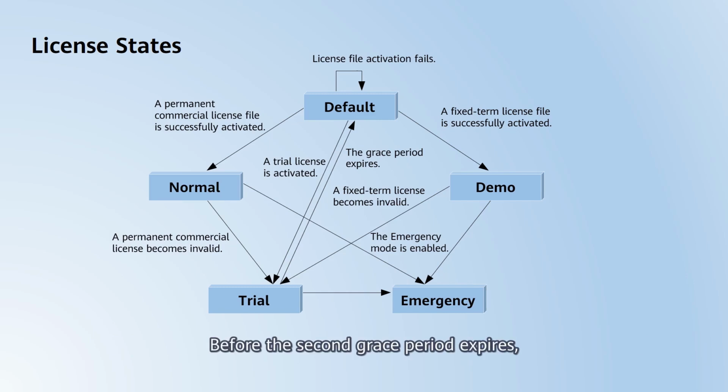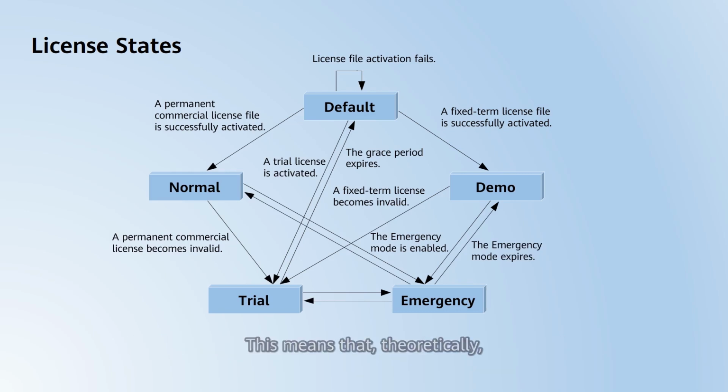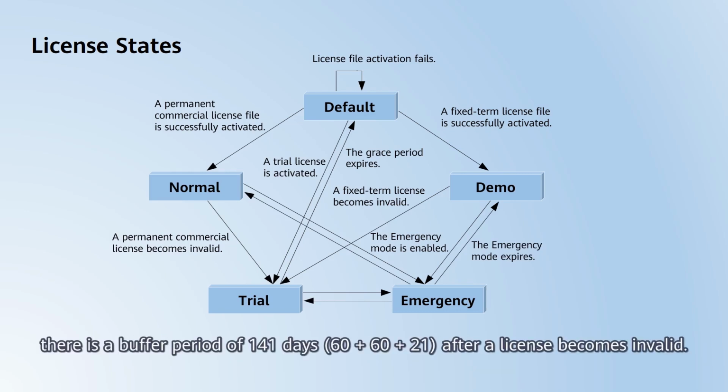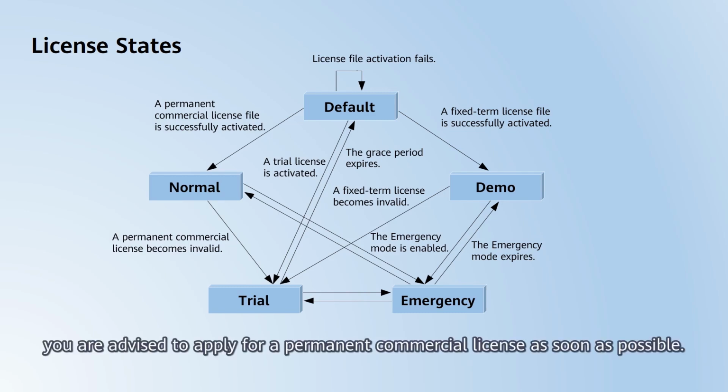Before the second grace period expires, the emergency mode can also be enabled up to 3 times. This means that, theoretically, there is a buffer period of 141 days, 60 plus 60 plus 21, after a license becomes invalid. In this case, you are advised to apply for a permanent commercial license as soon as possible.